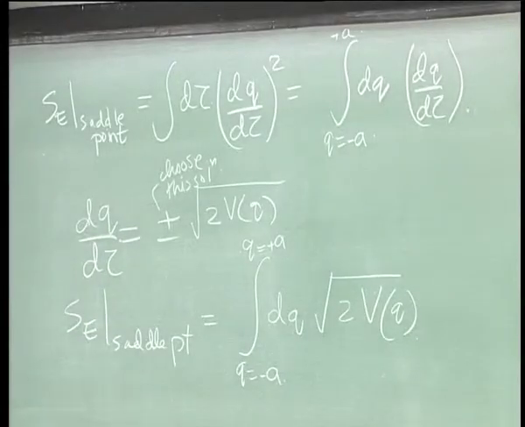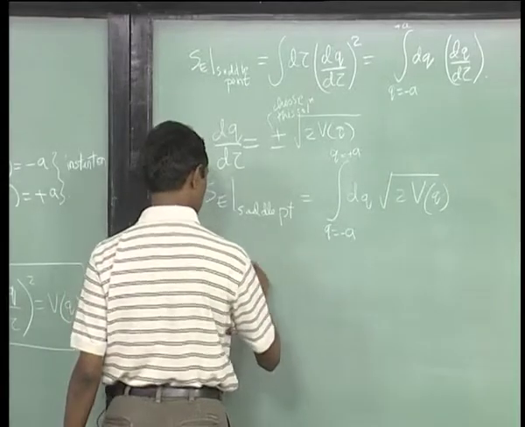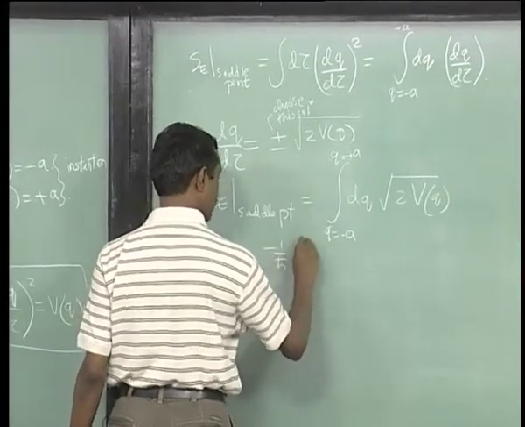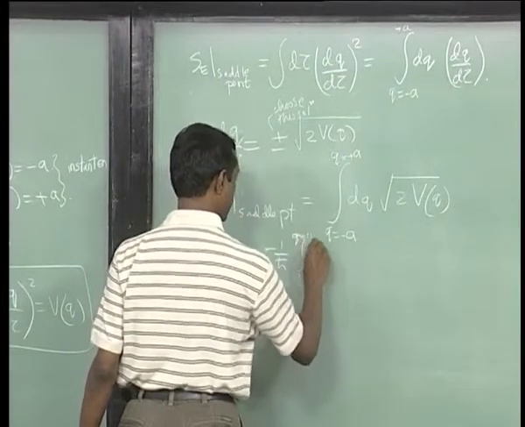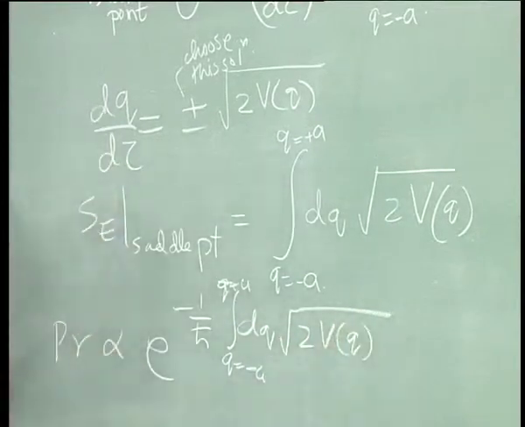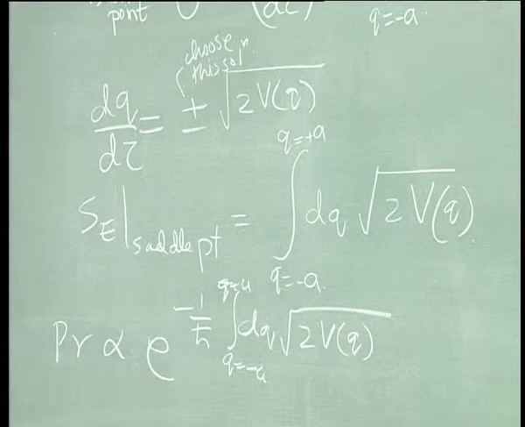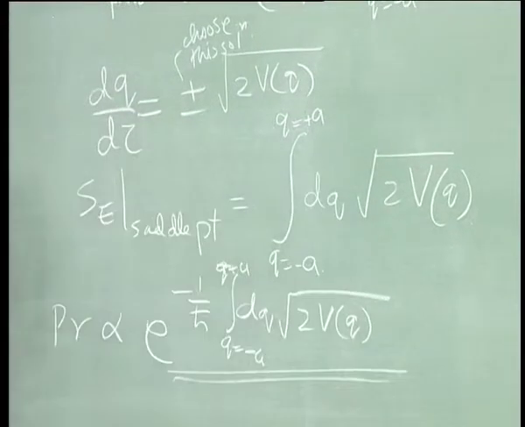What this tells you is that the probability is proportional to e power minus 1 by h bar times the integral from q equal to minus a to q equal to plus a of dq square root of 2V. Okay. So, this matches the saddle point answer which we had, because that had an E in it, and you just set E equal to 0, because that is our condition, and that is what you get. So, this agrees with the saddle point thing for this problem.